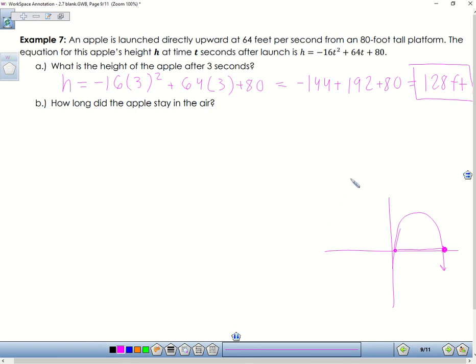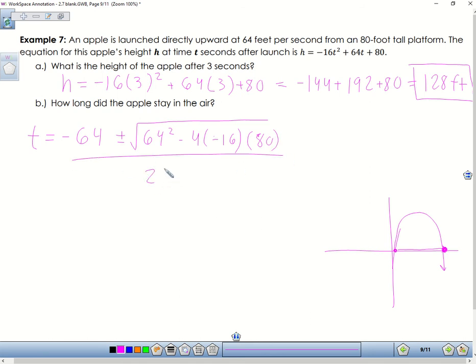The quadratic formula, good. So we have to use the quadratic formula here, and in this case our x is t. So this is going to be x equals, or t equals, negative b plus or minus the square root of b squared minus 4 times a times c all over 2 times a.